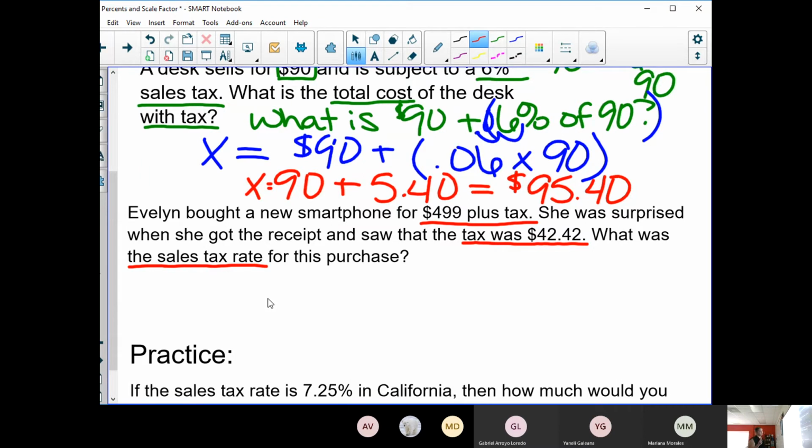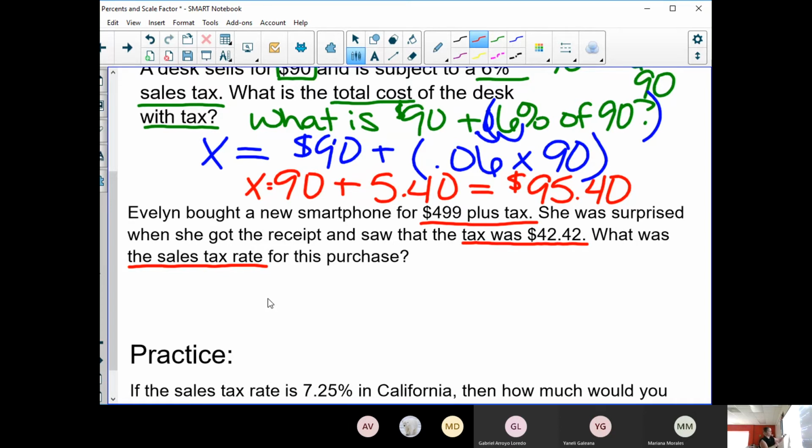All right, so this one has 2 steps. 499 is the total with tax. So the total with tax. Oh, never mind. I read it wrong. See, this is why you always reread, because you might read it wrong. So it's $499 plus tax.